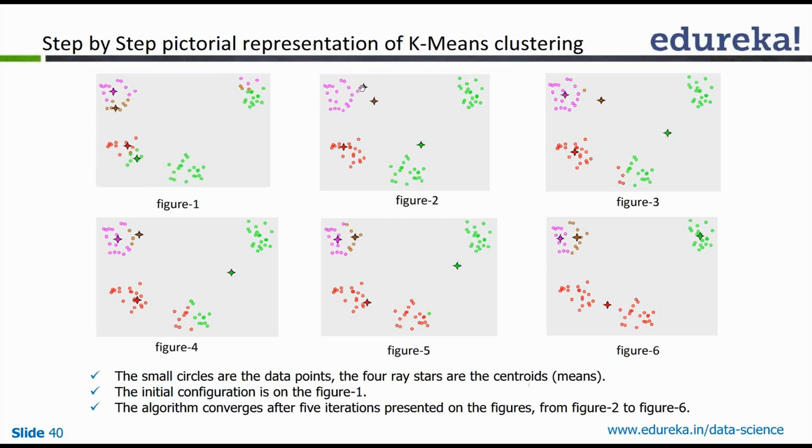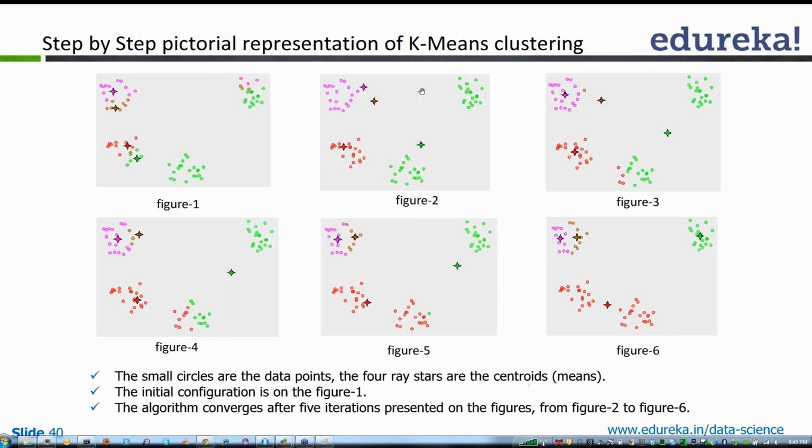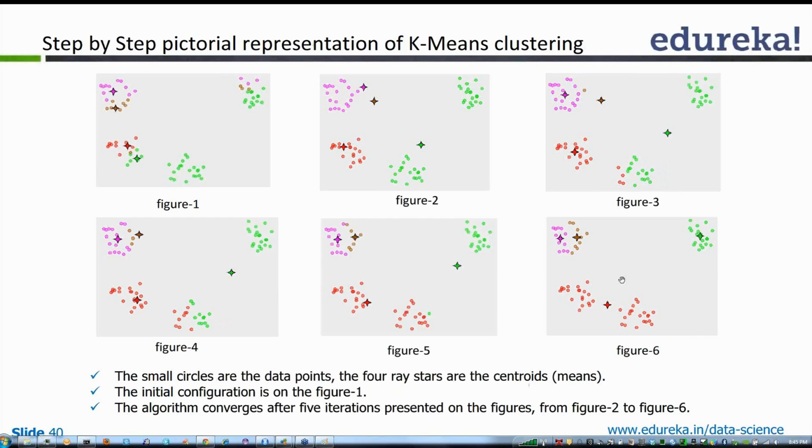Then my stars move to certain other locations. In this case, pink moved here, brown moved pretty much the same, red also moved very little, and the green moved a little. Then I keep repeating, and at some point, in this particular example, we converge to something like this. All of this is red, all of this is green, this is brown, this is pink. So these are the 4 clusters that I have.